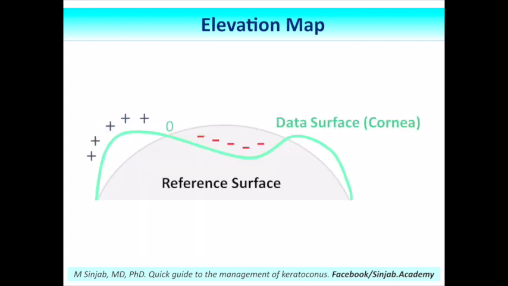So it has been decided to create a reference surface to which the topography of the measured surface of the cornea is related, and those parts which are above the surface will take positive values, those that intersect with the reference surface will take zero values, and those below the reference surface will take minus values.